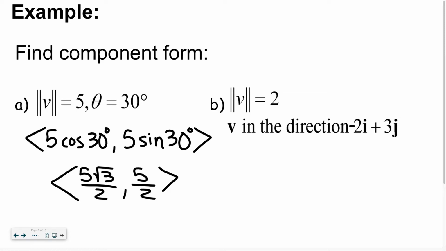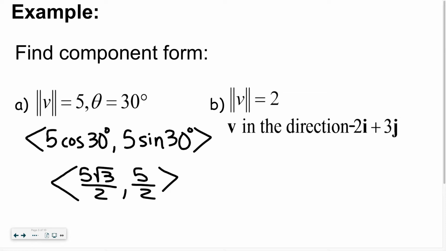Anybody start B yet? What's different about B? I gave you the magnitude, but instead of the direction angle, I gave you a vector.